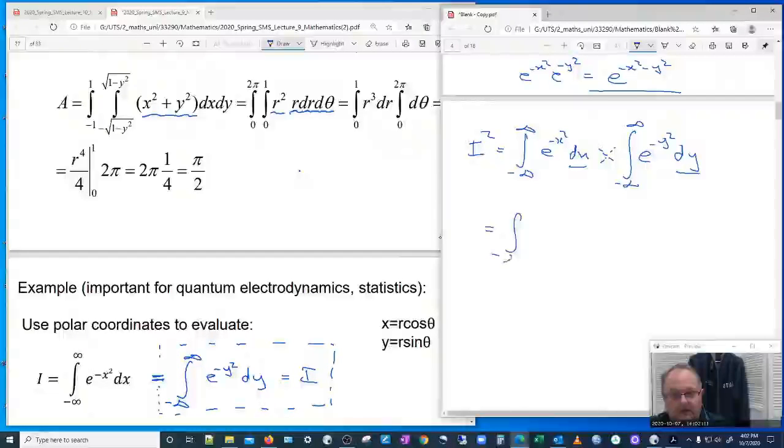So the integral we're looking at doing is replacing a single integral with a double integral by squaring.